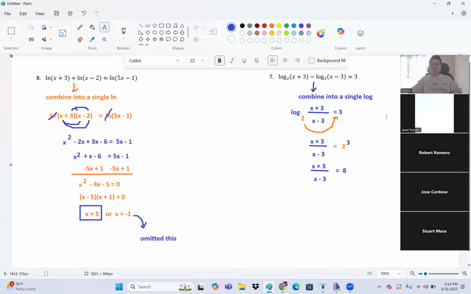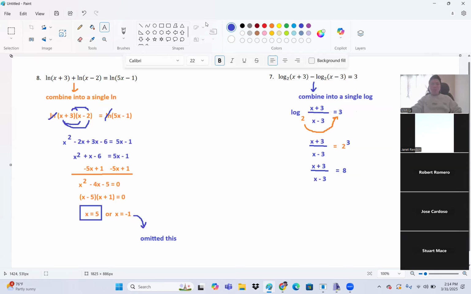And then we can multiply both sides by x minus 3, and then you can just get rid of this.